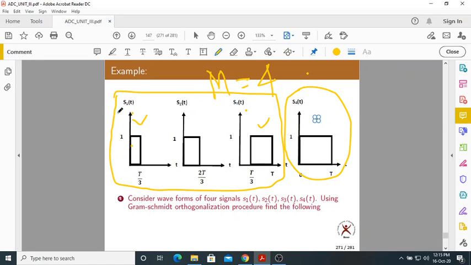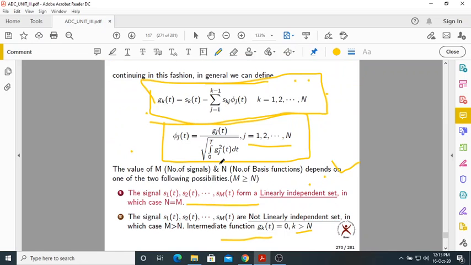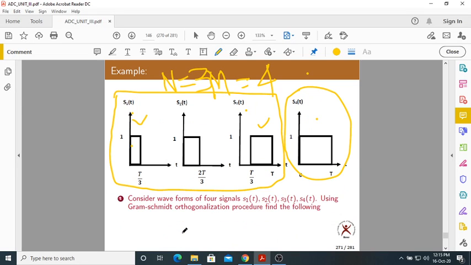The subset contains only 3 signals, so capital N equals 3. They are not all linearly independent, so m is greater than n: m equals 4, n equals 3. Suppose they were linearly independent, then n equals 4 and m equals 4, both would be the same.